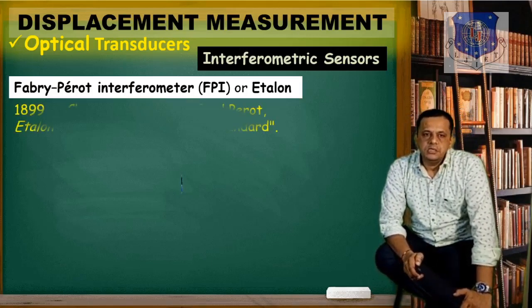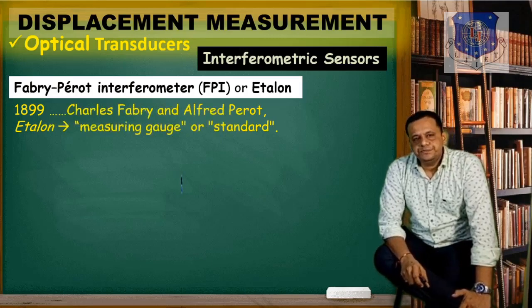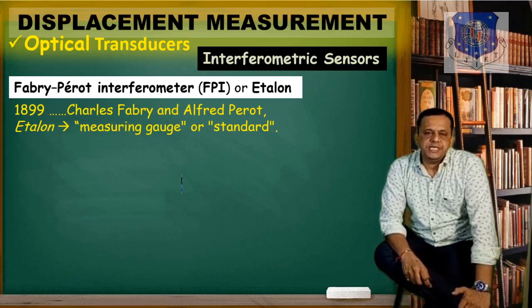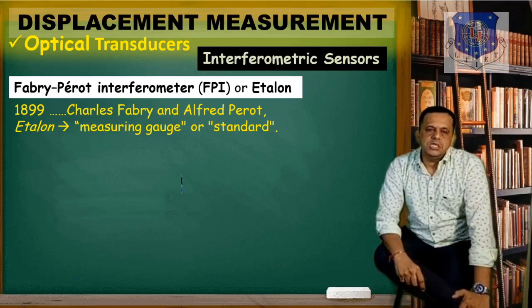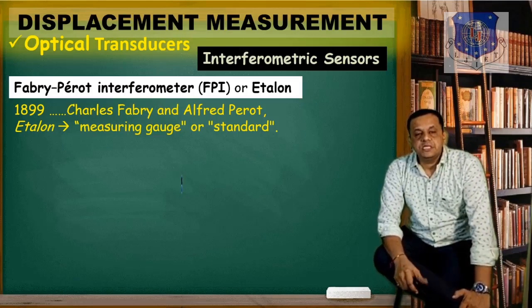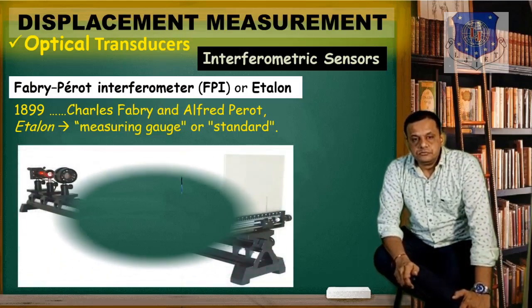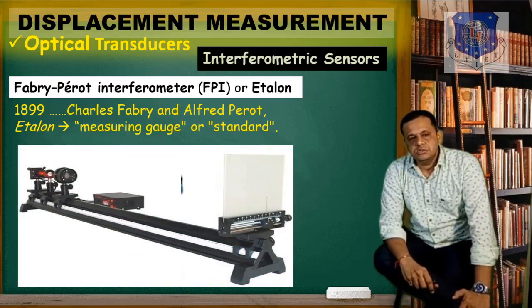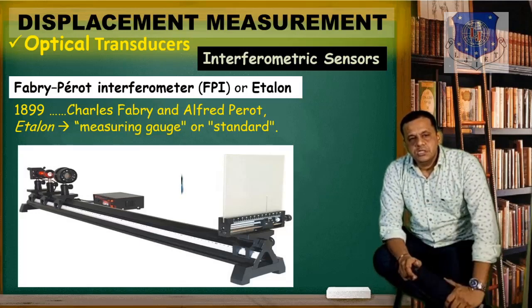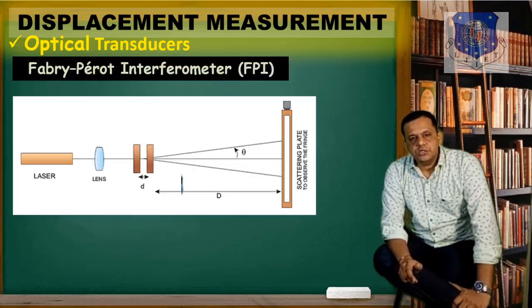The Fabry-Perot Interferometer was invented in 1899 by Charles Fabry and Albert Perot. The word comes from the French language, meaning measuring gauge or measuring standard. Here I show you one specimen of the device. It looks very complex, so we will be looking into the basic theory of this.